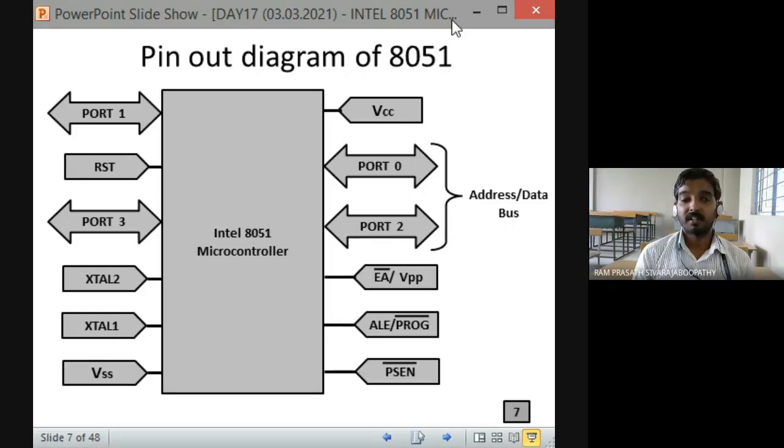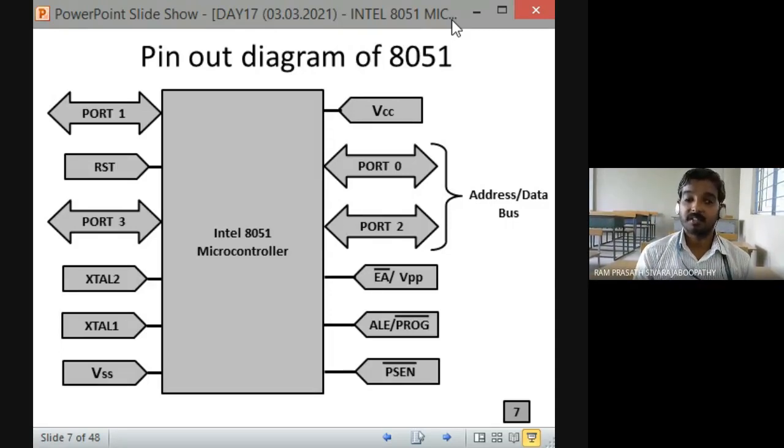In Intel 8051 microcontroller we have only 40 pins. How can the other functions be achieved? Any idea? Any idea? I don't have a separate address bus and data bus; instead, we have used 2 ports. They have used those ports as address and data bus in the 8051 microcontroller.